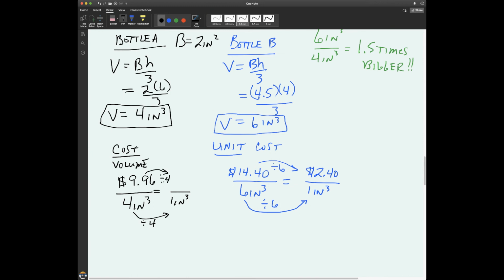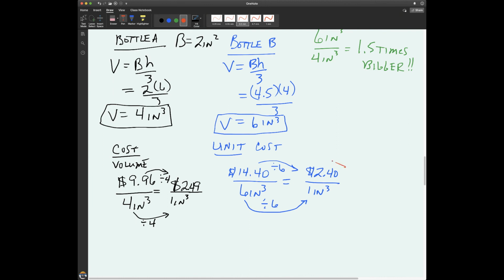And that will give me an answer of $2.49. So if I look at these unit costs and compare them, which one should I put a circle around? $2.49 for 1 cubic inch or $2.40 for 1 cubic inch?